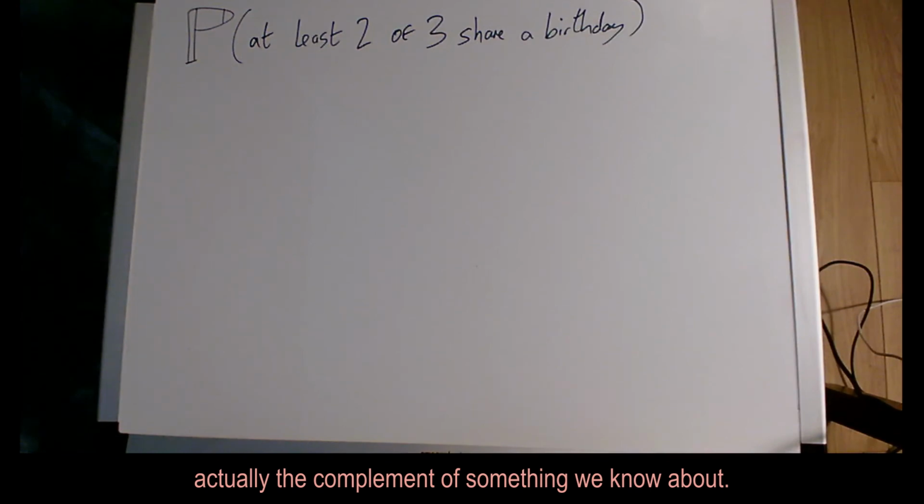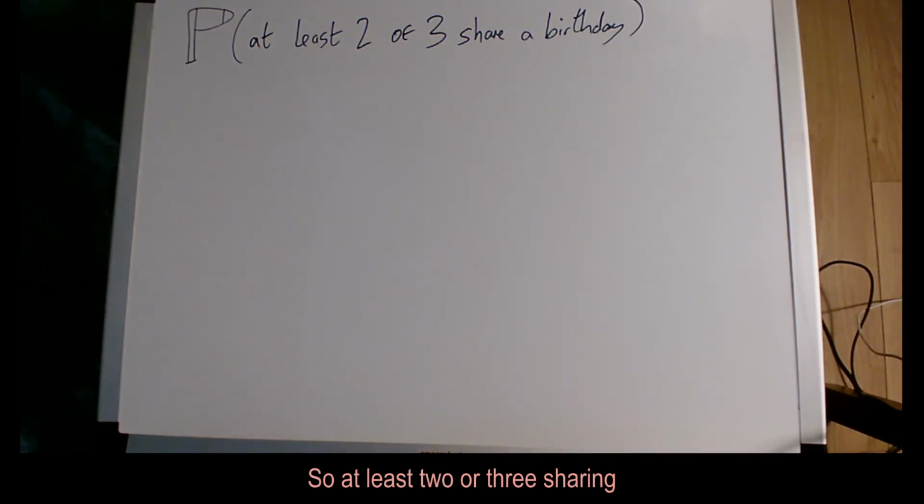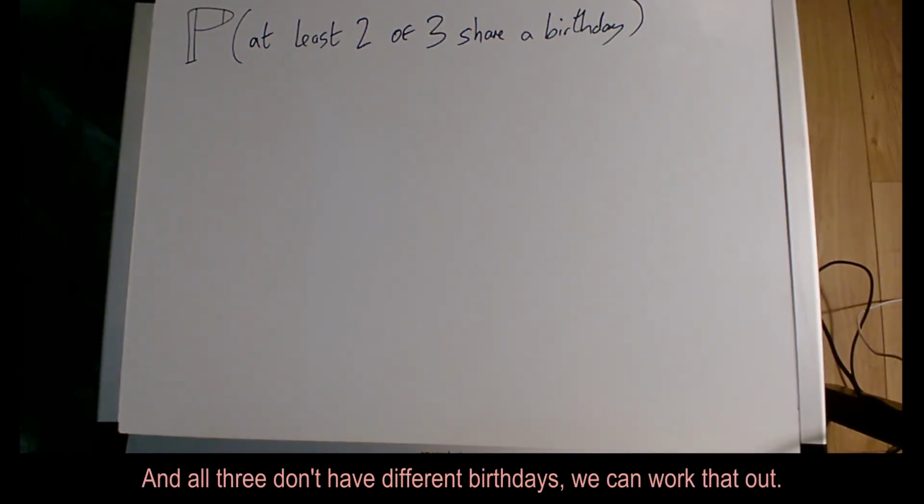Okay, so the probability of at least 2 of 3 sharing a birthday, that is actually the complement of something we know about. So at least 2 of 3 sharing a birthday means all 3 don't have different birthdays. And all 3 don't have different birthdays, we can work that out.